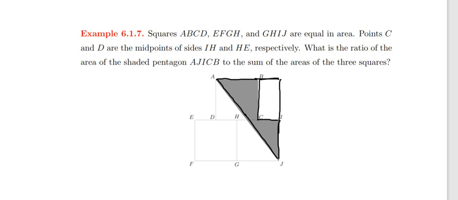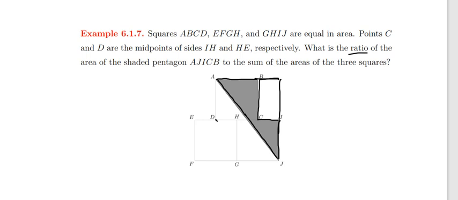We put 3 squares with D as the midpoint. We want to find the ratio of the area of the shaded pentagon to the sum of the areas of the 3 squares.